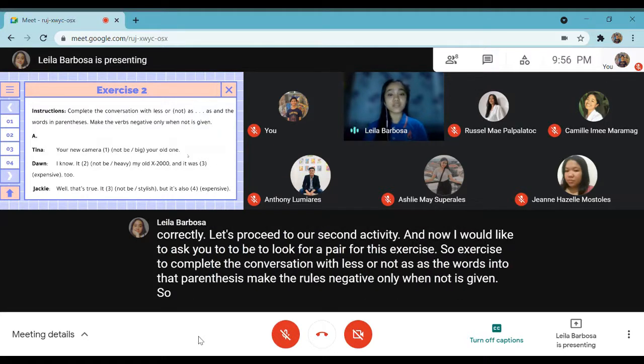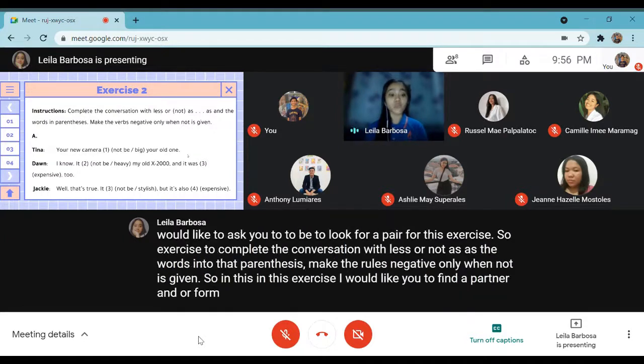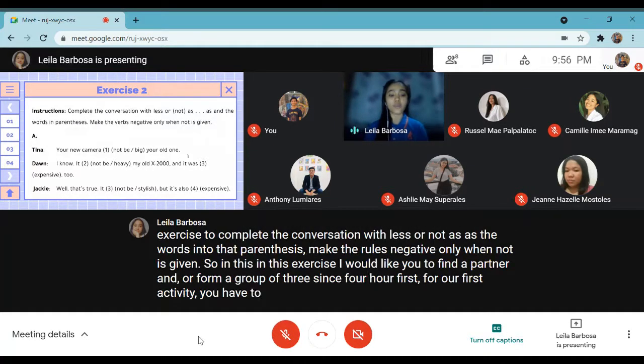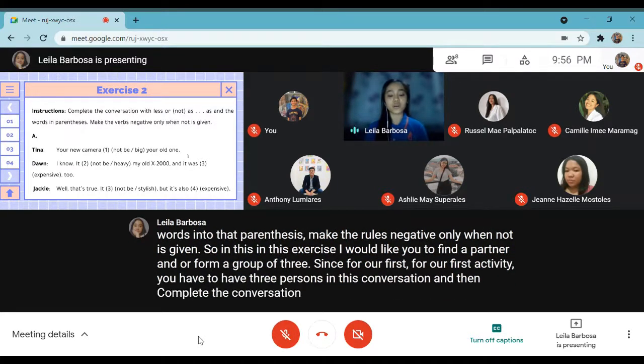So in this exercise I would like you to find a partner or form a group of 3 since for our first activity you have to have 3 persons in this conversation, and then complete the conversation using the comparative forms that we discussed earlier.